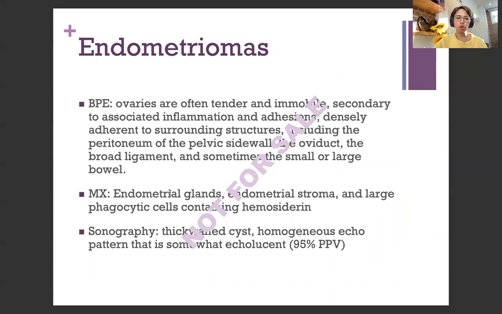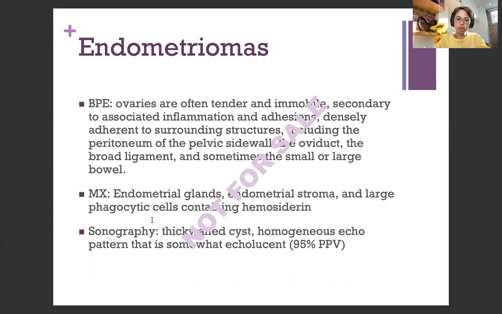Again, microscopically, endometrial glands, endometrial stroma, and large phagocytic cells containing hemosiderin. Yes, you will appreciate this under the microscope. And you will be surprised that the ovary can contain a lot of things.